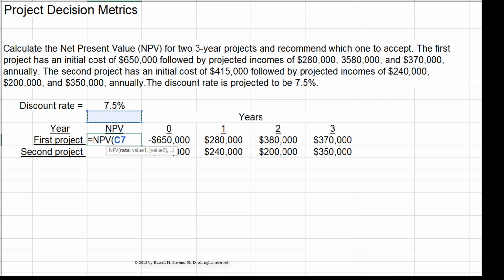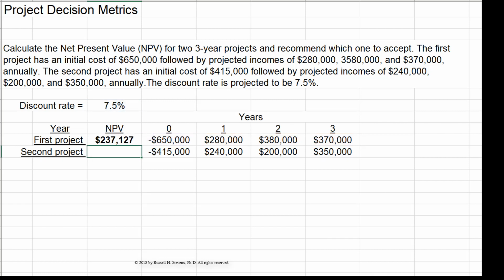Highlight the 7.5%, enter a comma, and highlight the row of workbook cells from the $280,000 to the $370,000. Enter a close parenthesis, followed by a plus sign. Highlight the minus $650,000 and press enter.